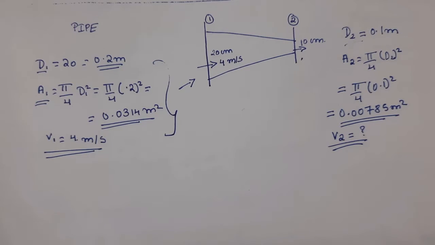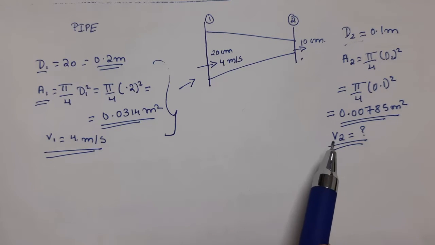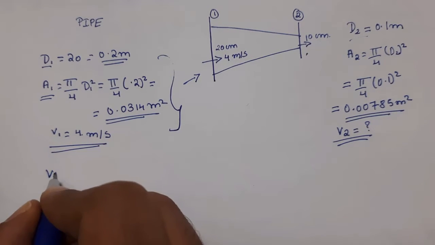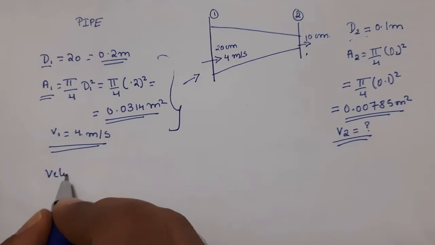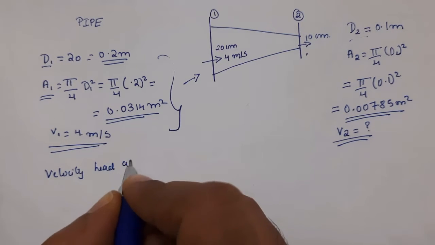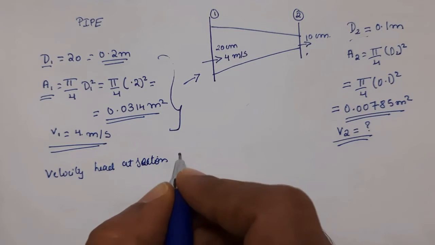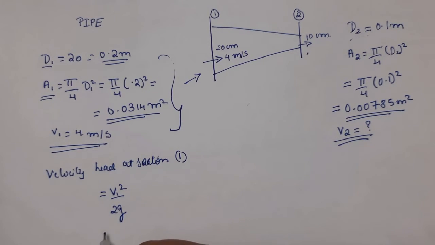and the discharge. The velocity at section 1 is given here. First let us find the velocity head in section 1. Since there is no pressure nor any height from the datum line given, the velocity head at section 1 will be equal to v1 square by 2g.